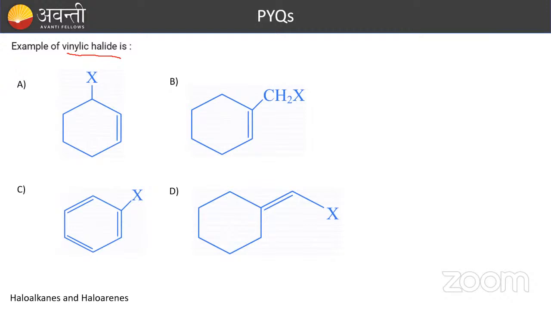Can you find out the answer? What is a vinylic system? So you guys are going for option C.